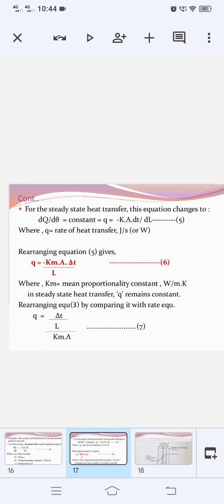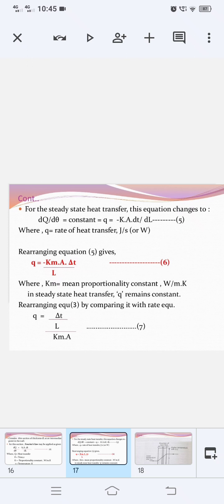Capital Q is the heat transferred, theta is the time, k is the proportionality constant, and T is the temperature. The constant k is a function of temperature, but it is independent of the length of the wall.